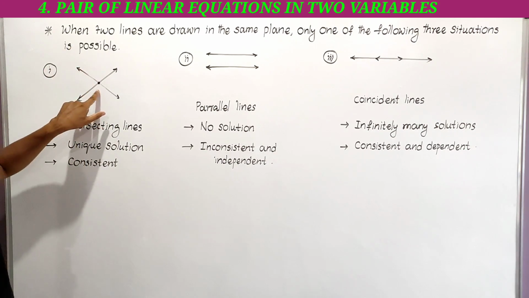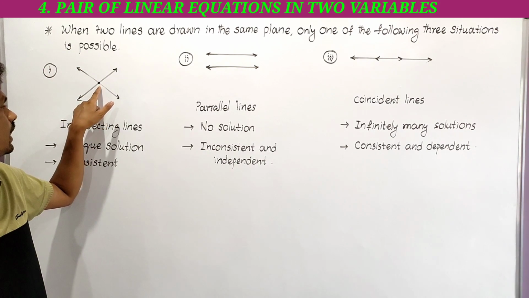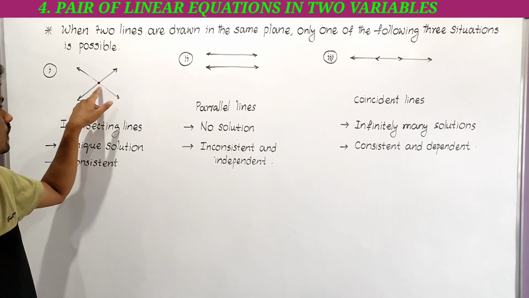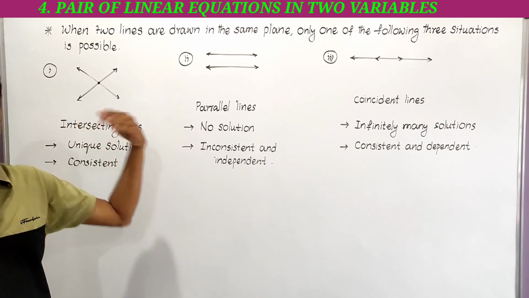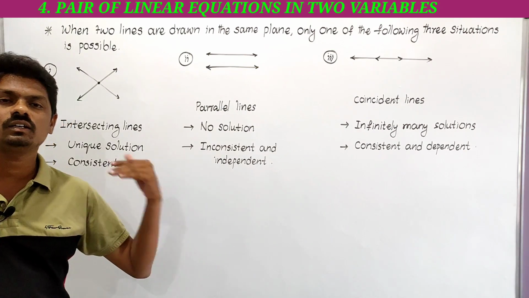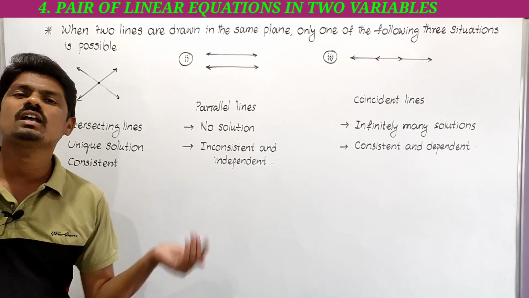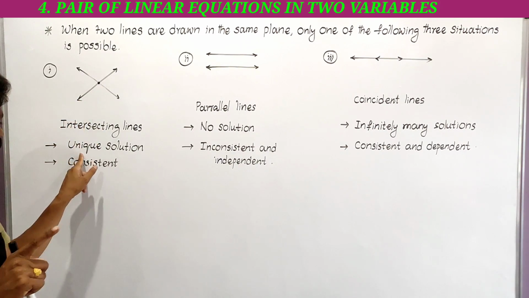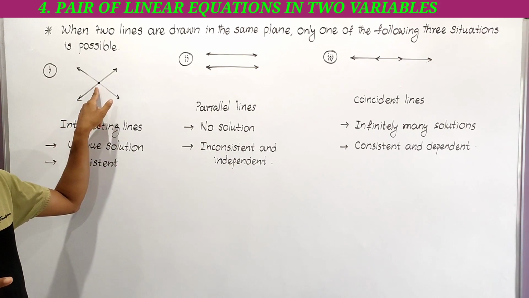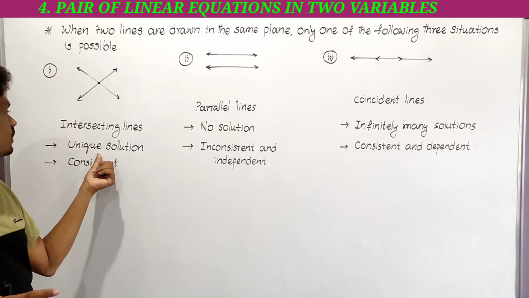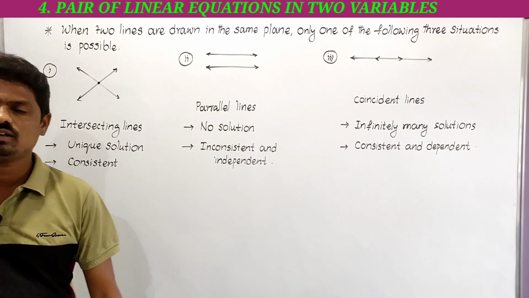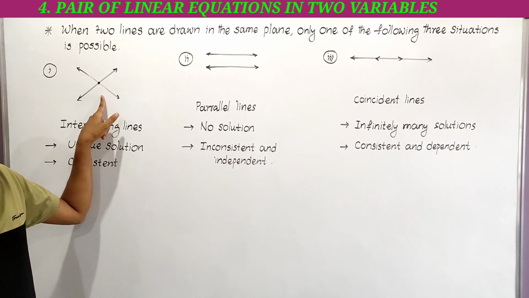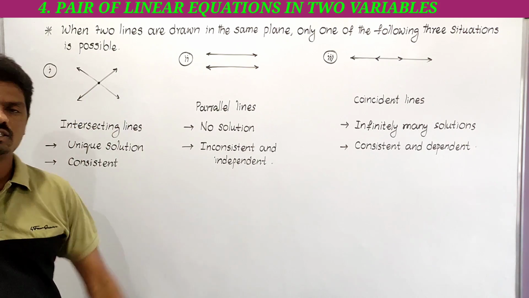Earlier we said that if the lines have a solution, they are consistent. So these intersecting lines have a unique solution, only one and only one solution. They have a unique solution, hence they are consistent. So these are intersecting lines, and they are consistent lines.